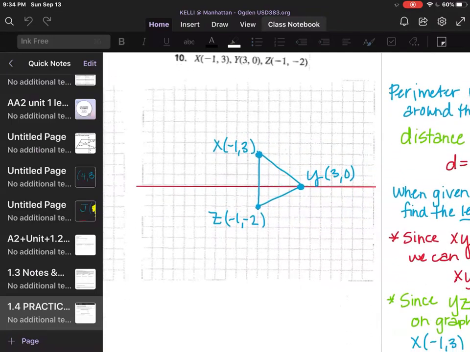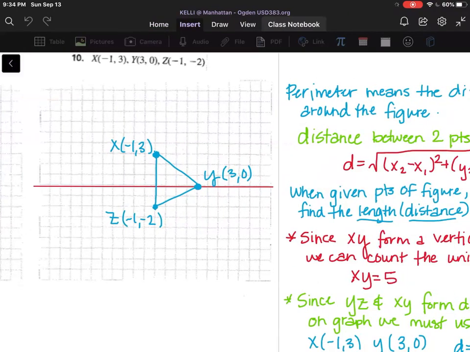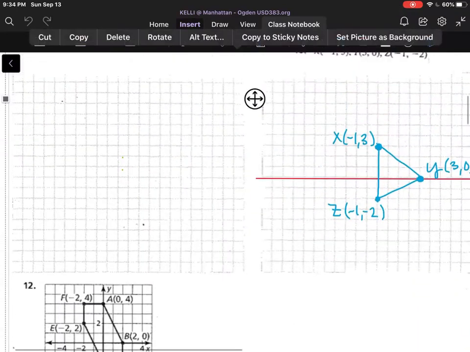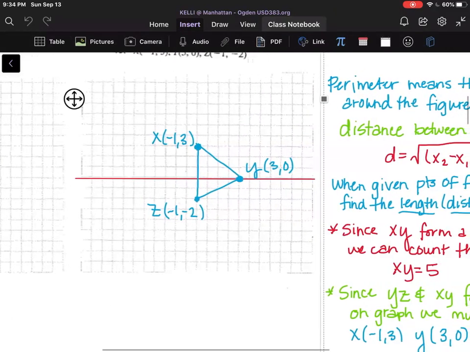You're going to graph the lines, which I'm seeing right now that my line went away, but that's all right. Let's see if I can do this here.